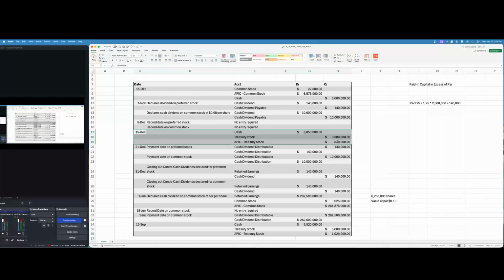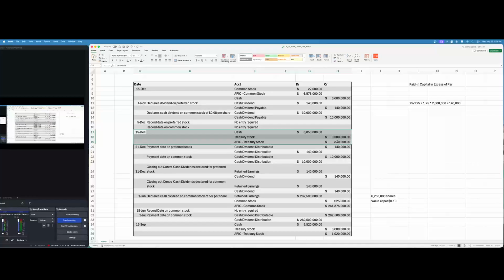You record the cash as a debit to increase the assets, because cash is an asset. Then the treasury stock decreases, so you credit the treasury stock 3 million.